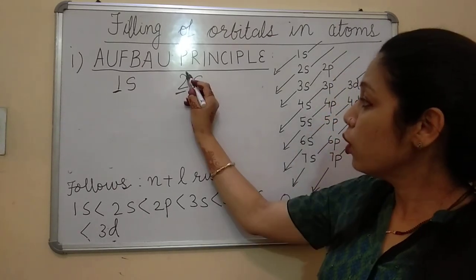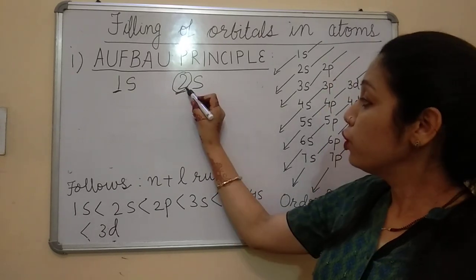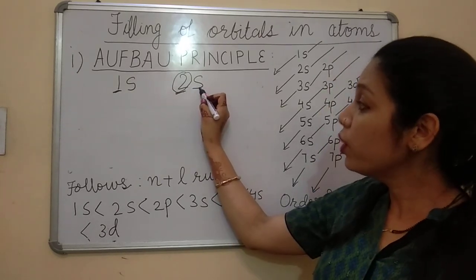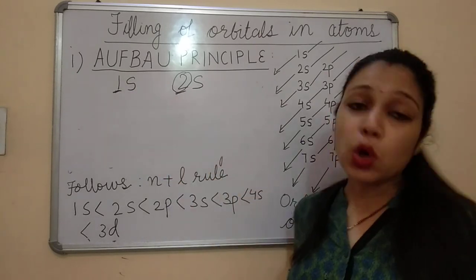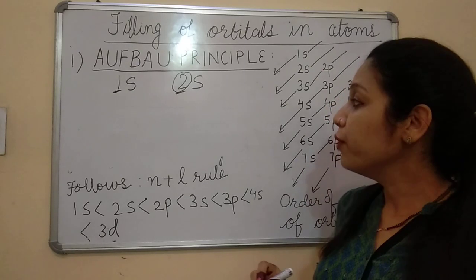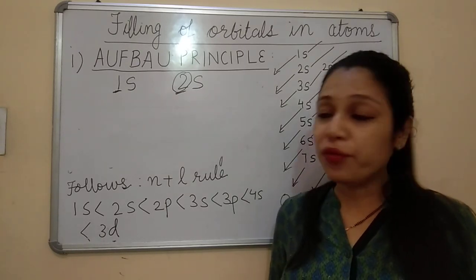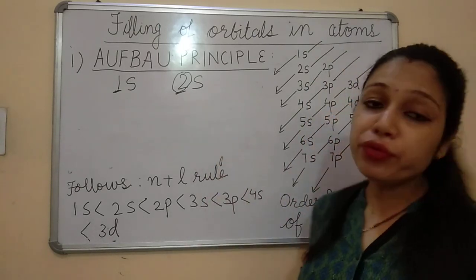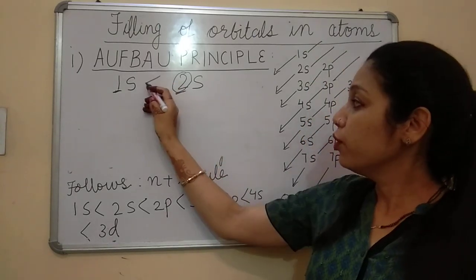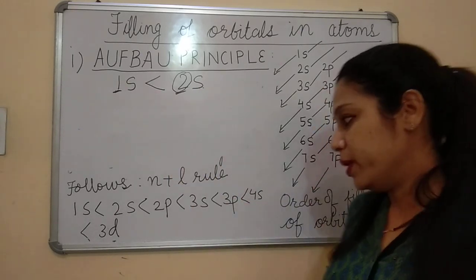Here the value of n in 2s orbital is more, therefore 2s orbital is having more energy than 1s orbital. Here we are comparing the value of n. The one with greater value of n will be of more energy. So therefore energy of 2s orbital is greater than 1s orbital.